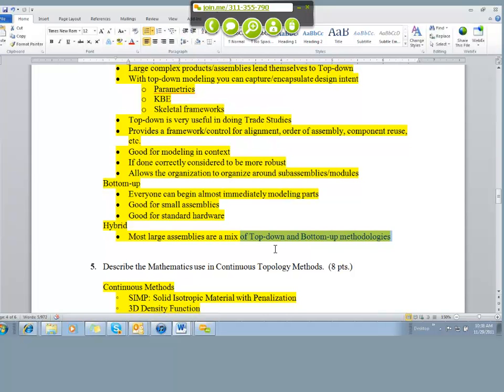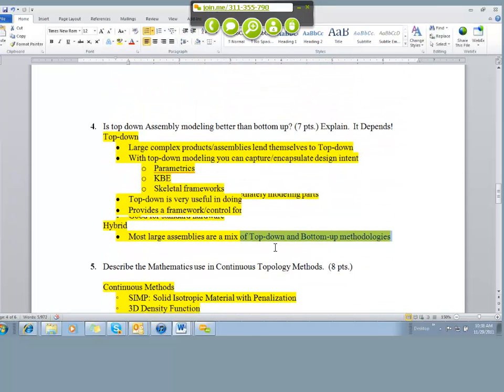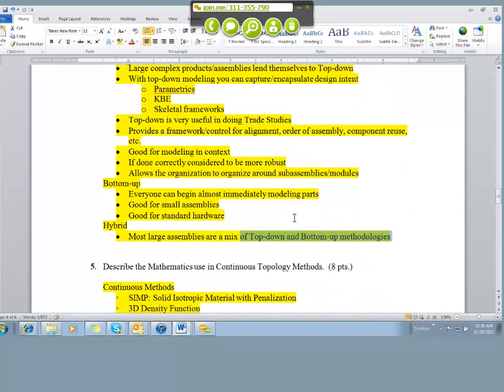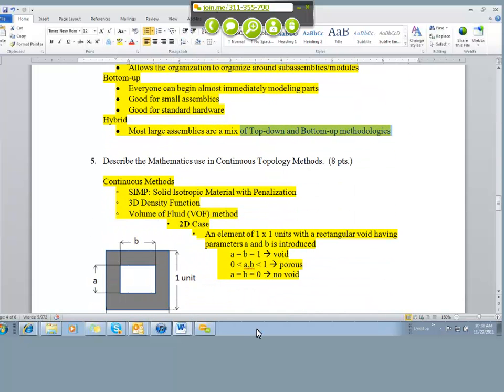There is some of that hardware that just naturally comes in from the bottom up. And so a good discussion here could have brought you 7 points or something close to it if you had that kind of general discussion.